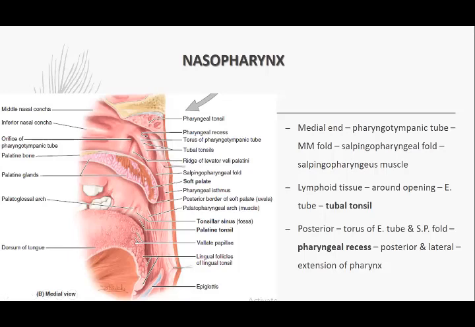It is basically the salpingopharyngeus muscle covered by mucous membrane, and this mucous membrane forms a fold which is called salpingopharyngeal fold. ठीक है जी?